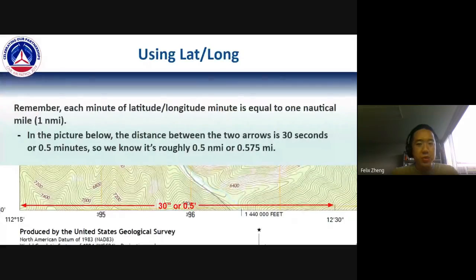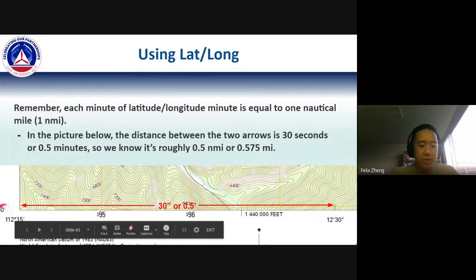Here's an alternate method. We will not be covering this method, or at least not forcing you to use it on the quiz, but we will test the information in here. Remember from last week that each minute of latitude or longitude is equal to 1 nautical mile. In the picture below, you can see that this spans 30 seconds, or half a minute.